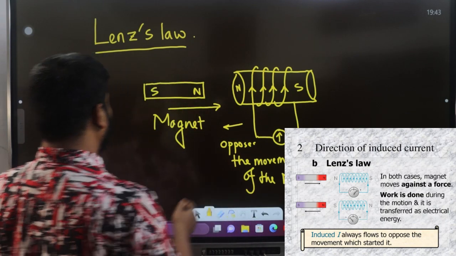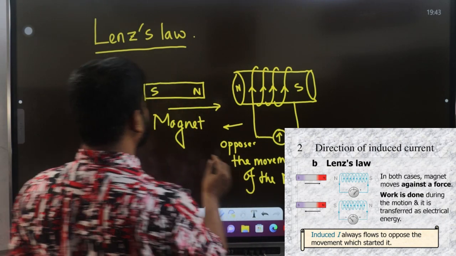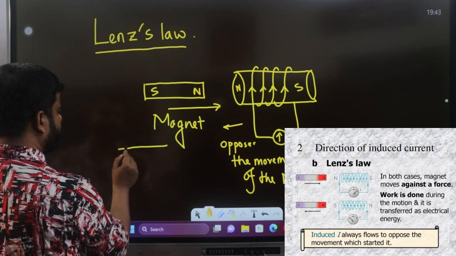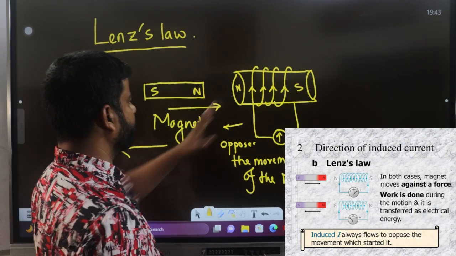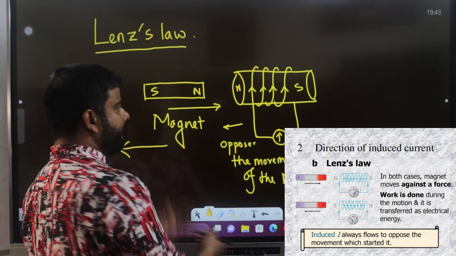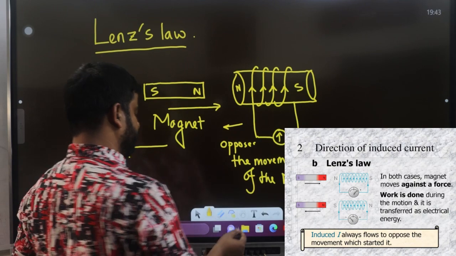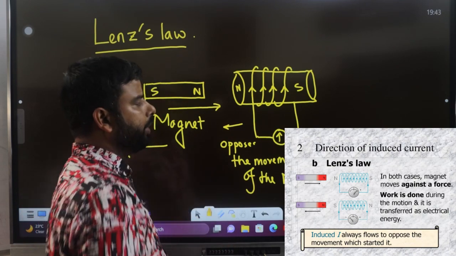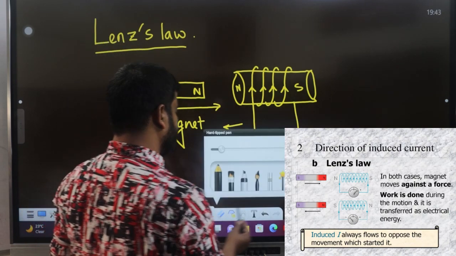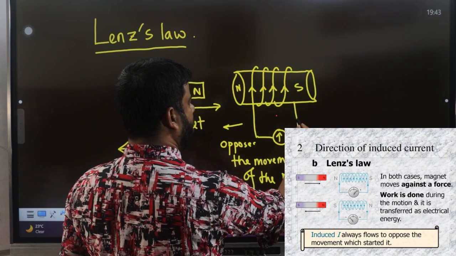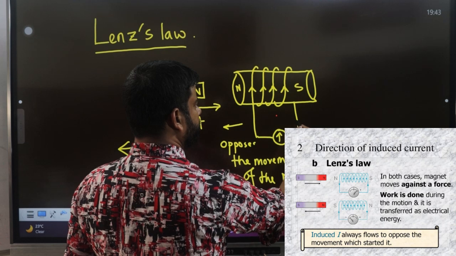Again, when the north pole of the magnet tries to move away from the coil, the direction of the current will be reversed in such a way that it opposes the movement.